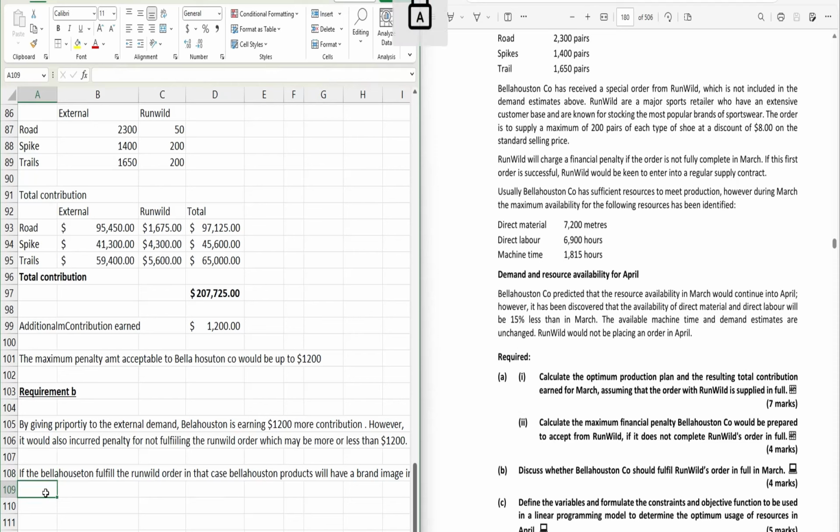Okay, additionally the company will have a fixed source of income.